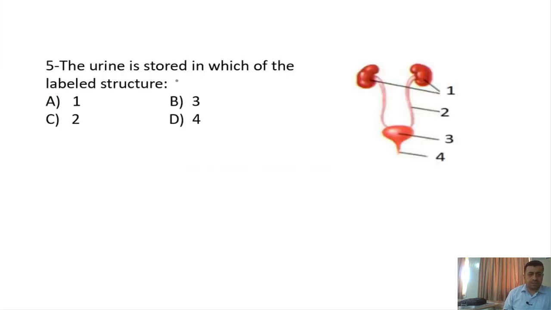Question 5. All right. Firstly, number 1, as you see here, it will be, of course, kidneys. Number 1 is kidney. Number 2, as you see here, this one, it is going to be ureter.